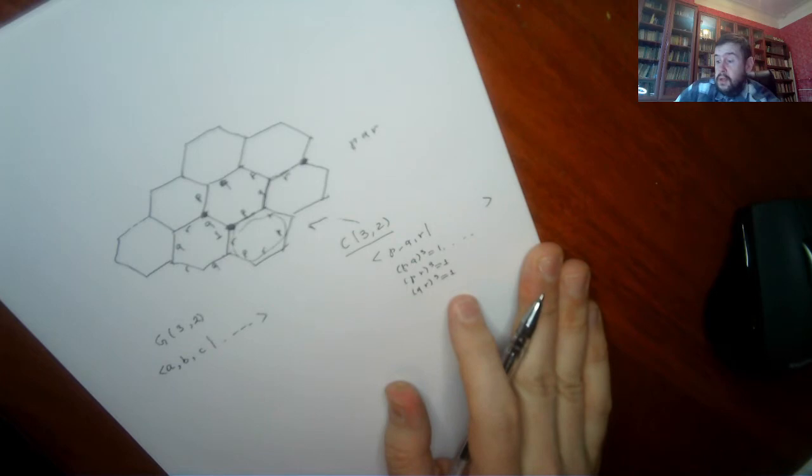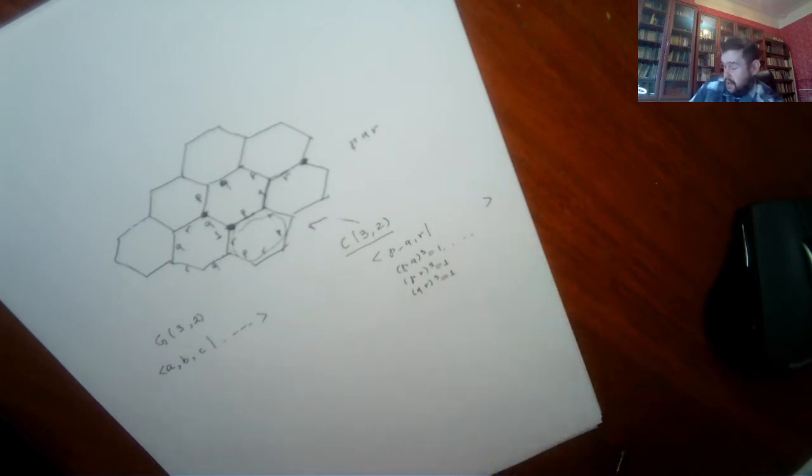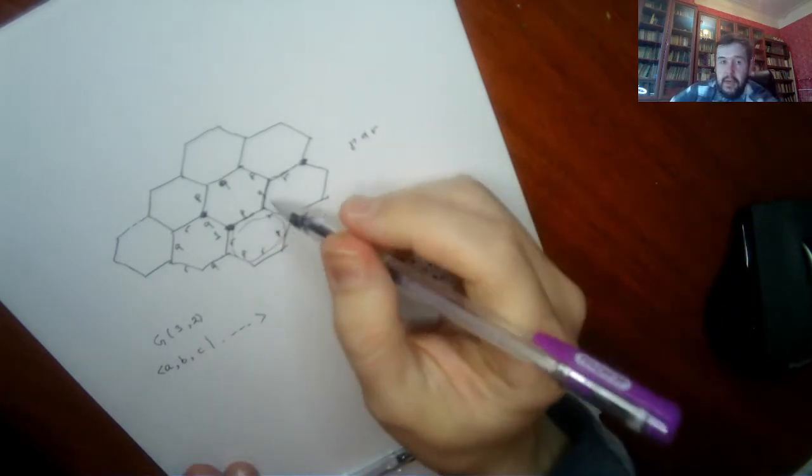And now I want to rename the letters. This way of renaming will be as follows. I will use three colors, and these colors will correspond to A, B, C. What do I mean by colors here?